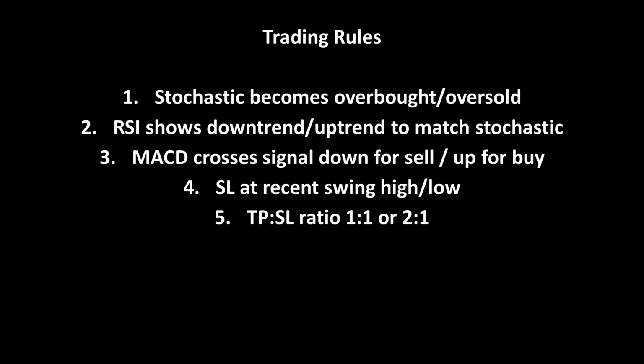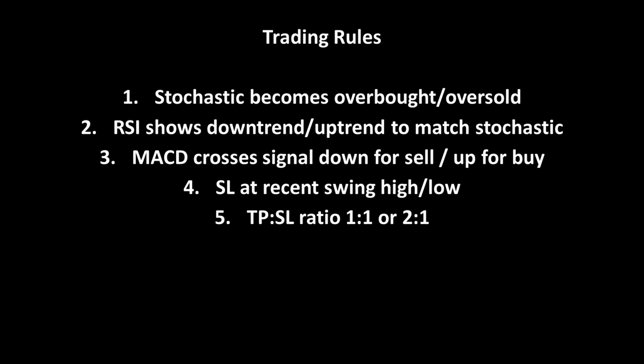So in order, if the stochastic becomes overbought, and then the RSI shows a downtrend, and then the MACD crosses below the signal line, that is a sell. If the stochastic becomes oversold, and then the RSI shows an uptrend, and then the MACD crosses above the signal line, that's a buy signal.